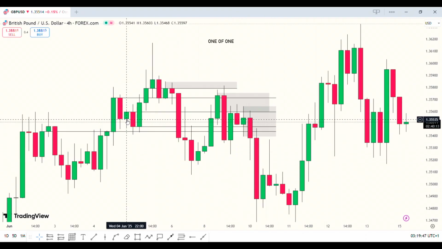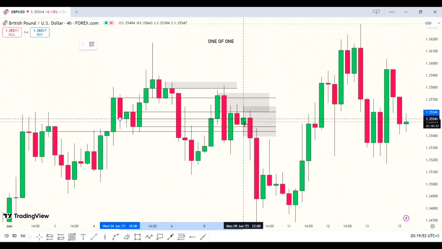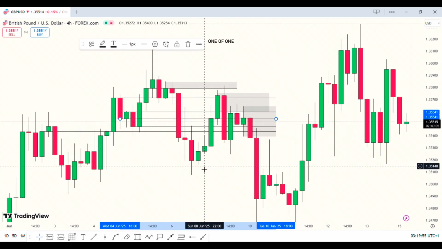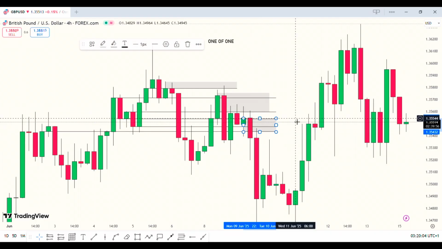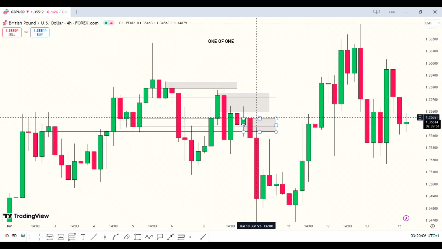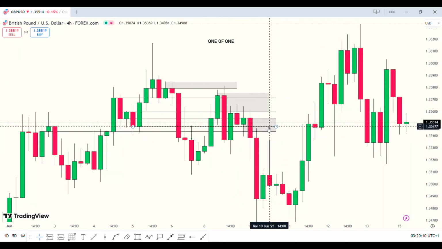We have another one here, that would be 3. And yes, that is what we are going to refine our entry to. So we managed to bring it down to 3 valid single price POIs.